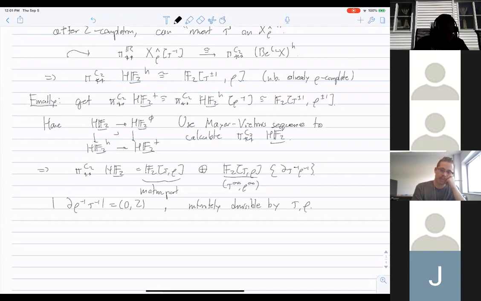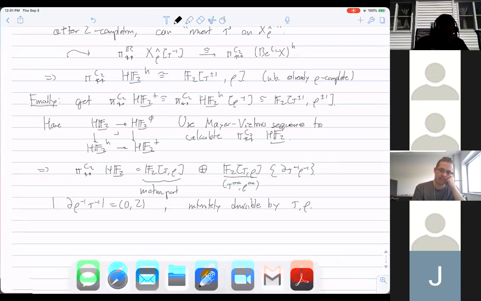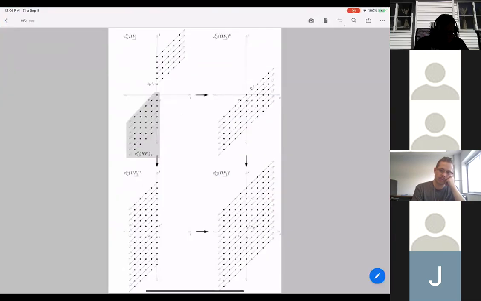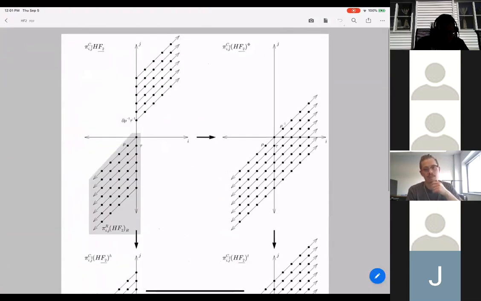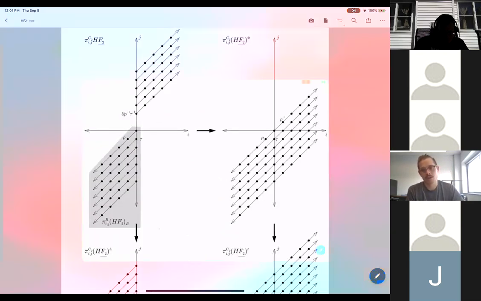If this seems a bit opaque, let me now display a graphic which should make it pretty obvious how you combine these calculations to get this other calculation. So here I've displayed the calculation.